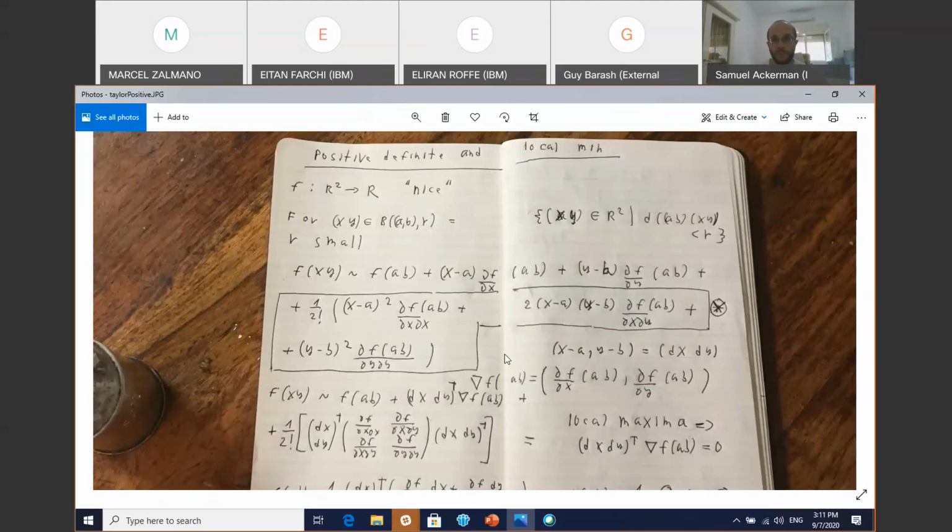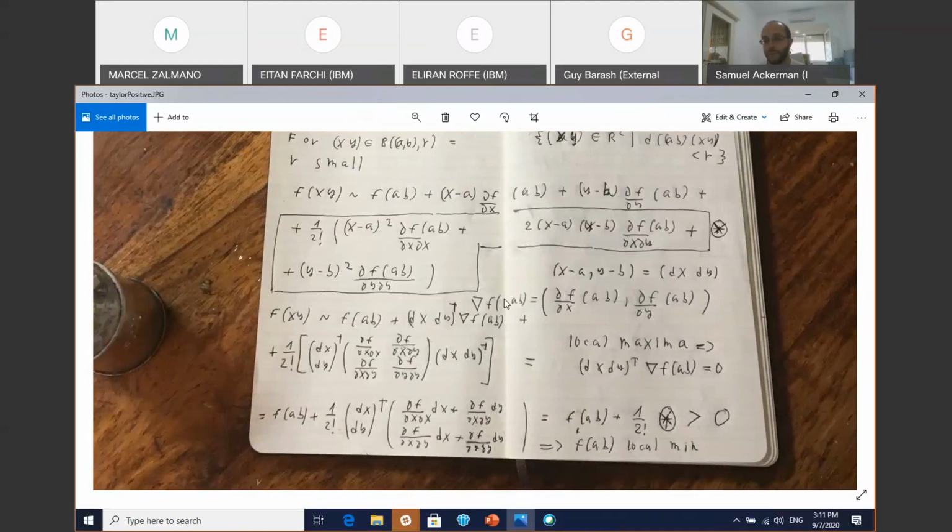Okay, so what I want you to notice, and this is what I wanted to talk about basically, is the relation between this and matrix operations. We'll see a matrix now that has to be positive definite in order for this to be a minimum, which is what I want you to see later.